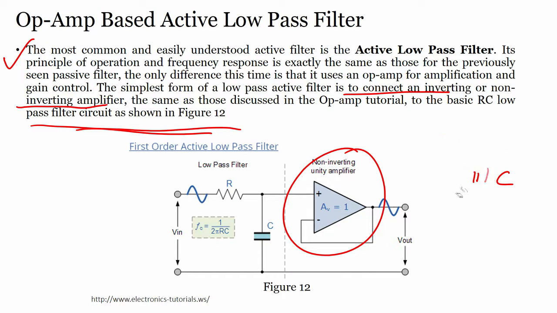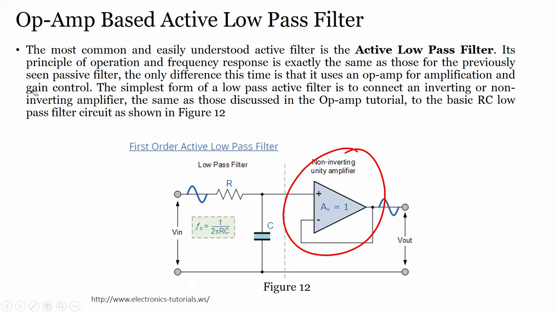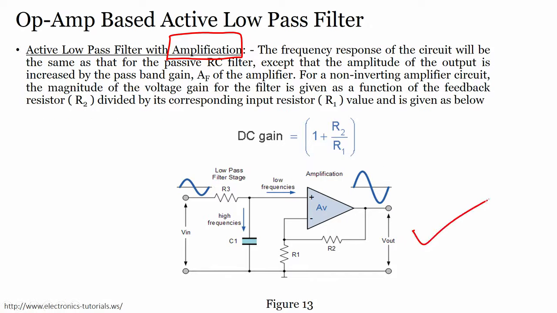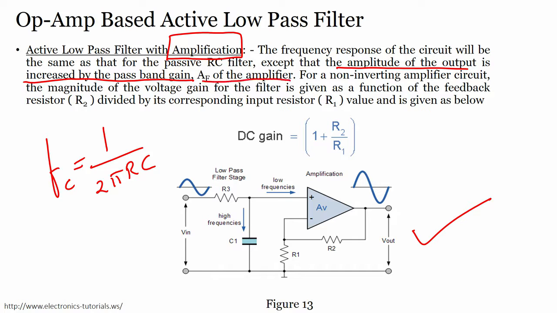If you want amplification, you connect the op amp in the configuration shown here. The frequency response of the circuit will be the same as that of the passive RC filter, that is FC is 1 upon 2 pi RC, except that the amplitude of the output is increased by the pass band gain AF of the amplifier.